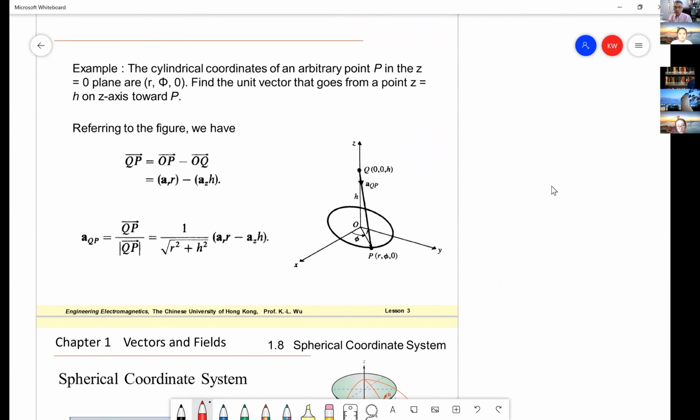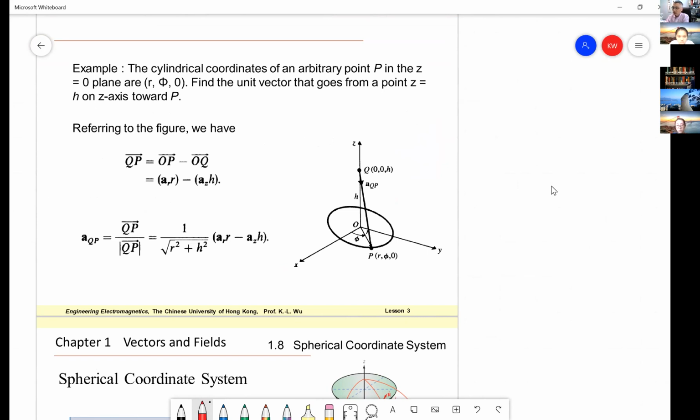Then we said we should get used to dealing with formulas, right? Once we know the coordinate system very well, from time to time we need to find a vector expression for a general description.